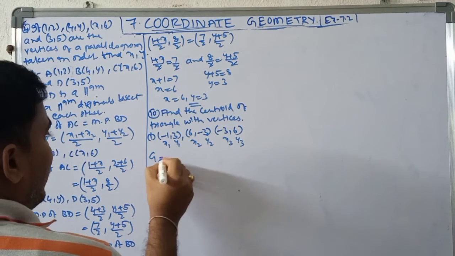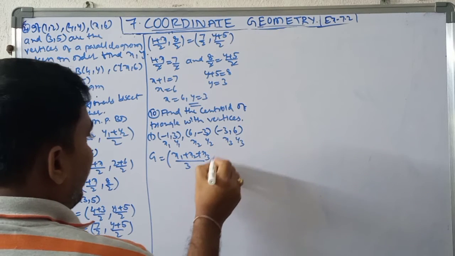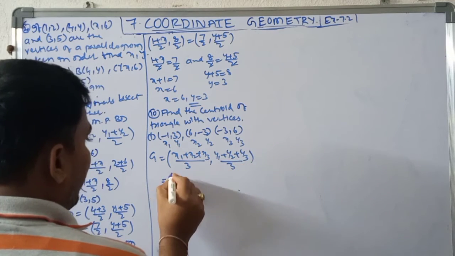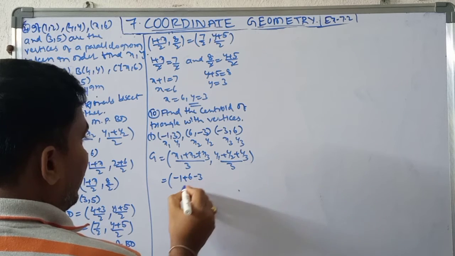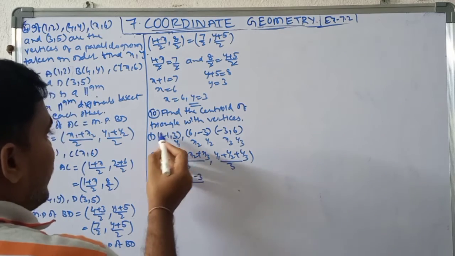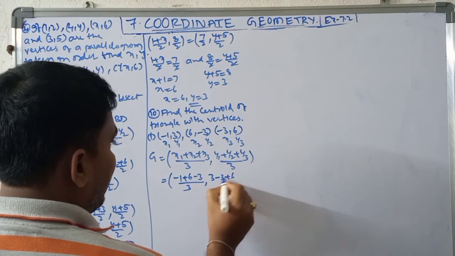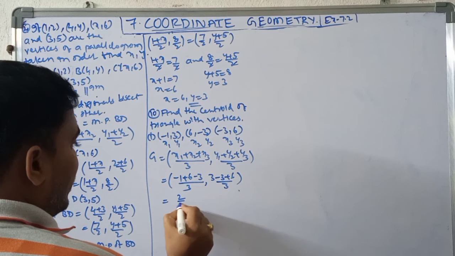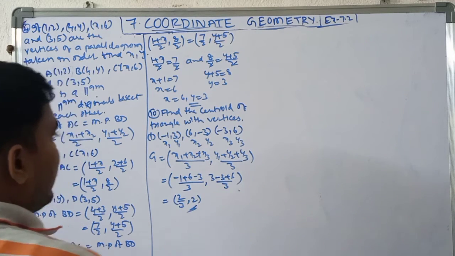So the centroid formula: x1 plus x2 plus x3 by 3, y1 plus y2 plus y3 by 3. Minus 1 plus 6 minus 3 by 3, 3 minus 3 plus 6 by 3. So 6 minus 4, 2 by 3, comma, 6 by 3, 2. So this is the centroid.